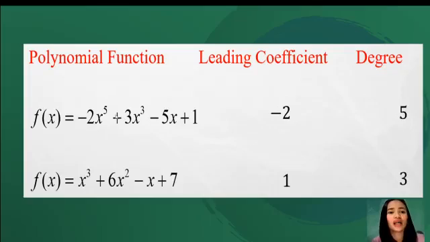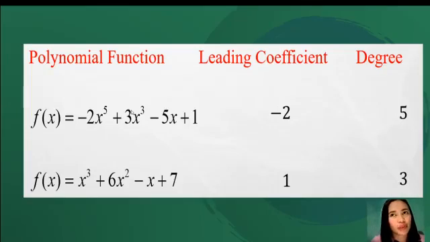You can see that the highest exponent is 5. Since the highest exponent is 5, therefore 5 is the degree. With a degree of 5, we can say that this is a quintic function.